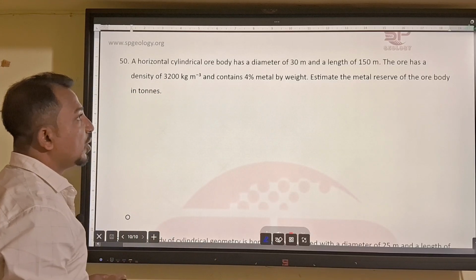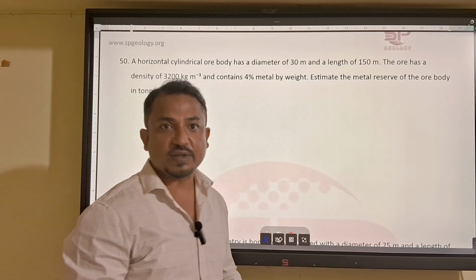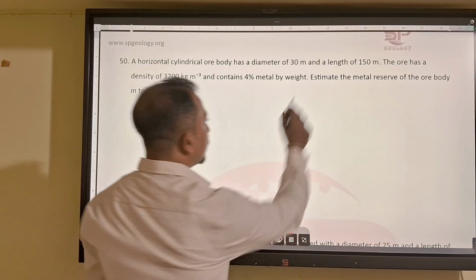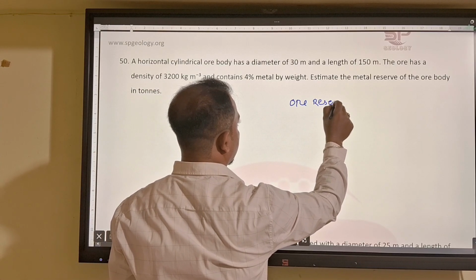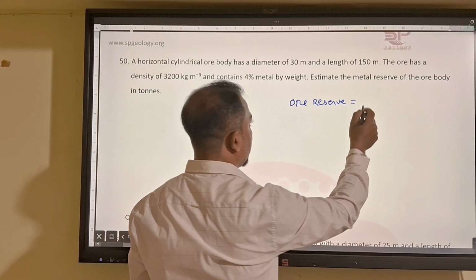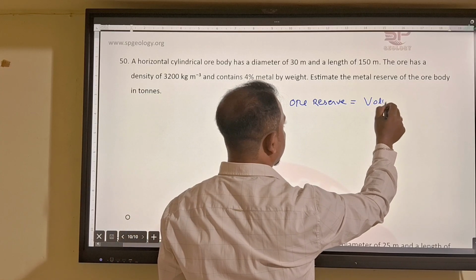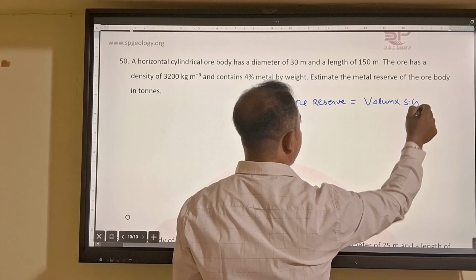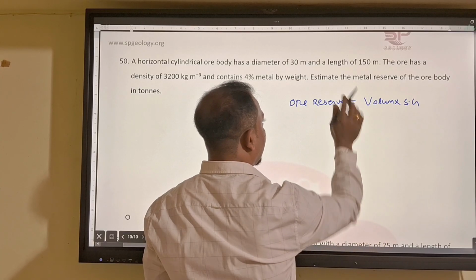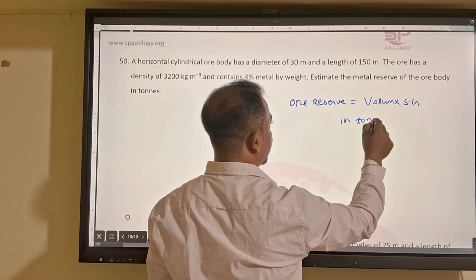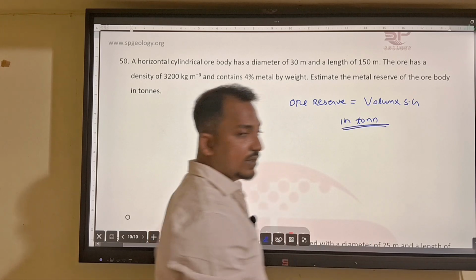Then comes ore reserve calculation. The formula for ore reserve is volume into specific gravity, and it is always calculated in ton. The unit is ton.